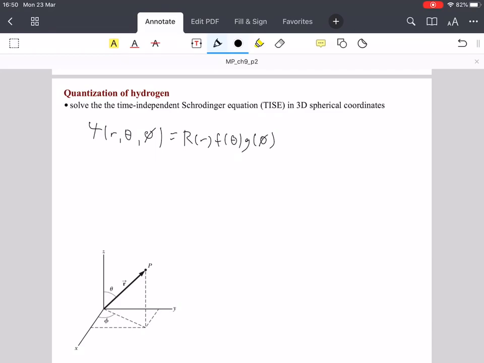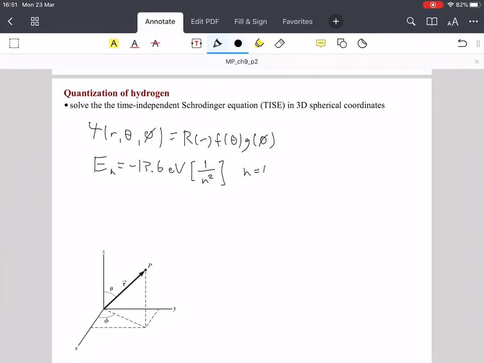All right, that gives us then three boundary conditions for these three separate differential equations, R, F, and G. And if you focus first on that radial component, what you get when you solve for the allowed energies is exactly what you would get with the Bohr equation. So you get these quantized energy states of minus 13.6 eV times 1 over n squared.